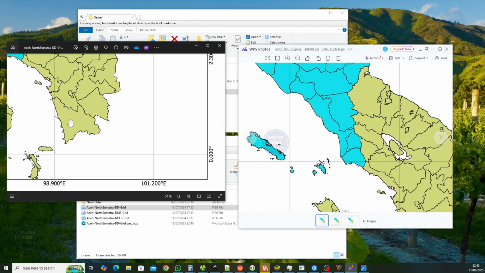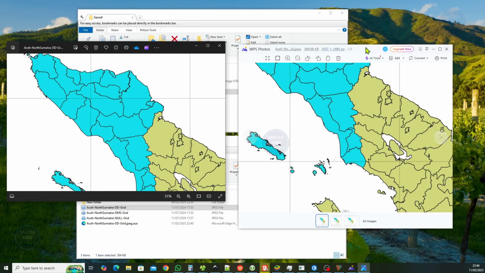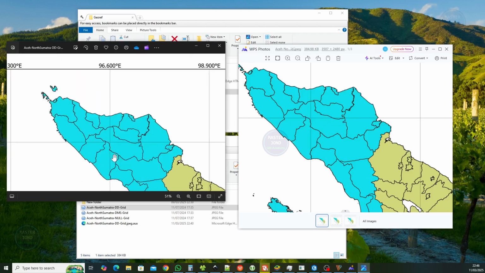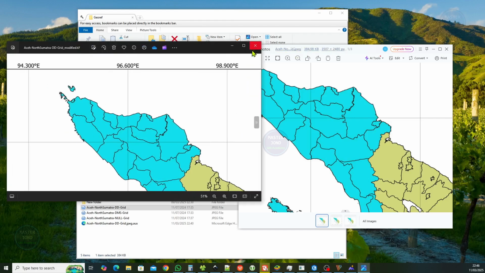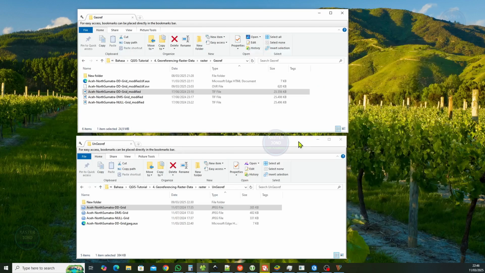So these two files are identical. So when this is ungeoreferenced, when we do the georeference, it becomes this one, from JPEG to GeoTIFF or TIFF. So let's just close it.